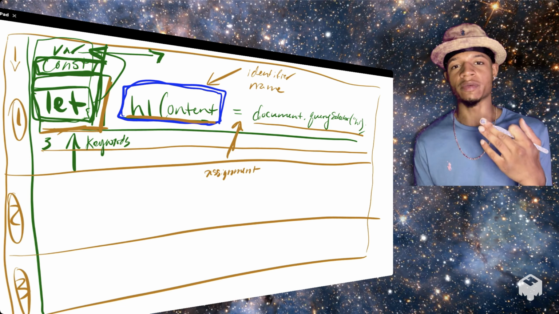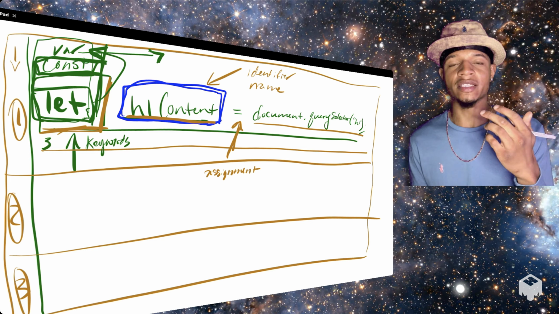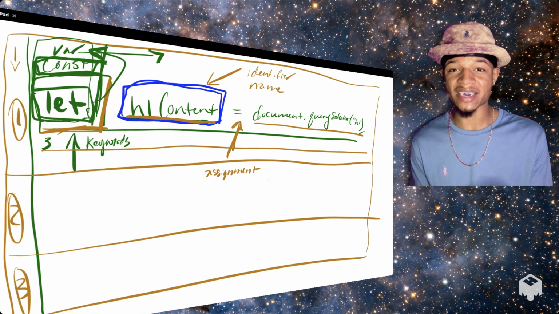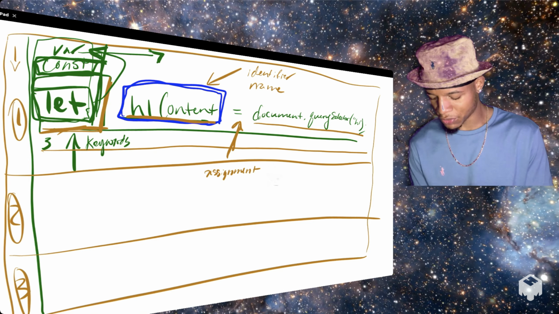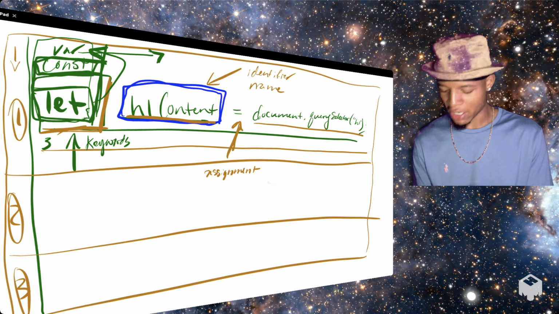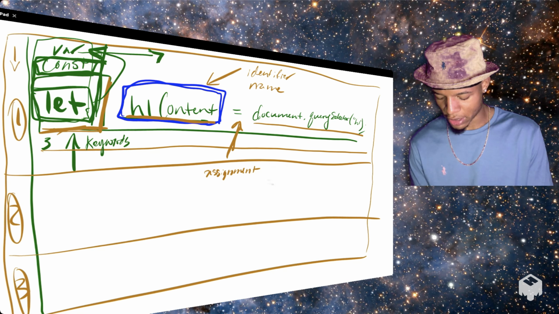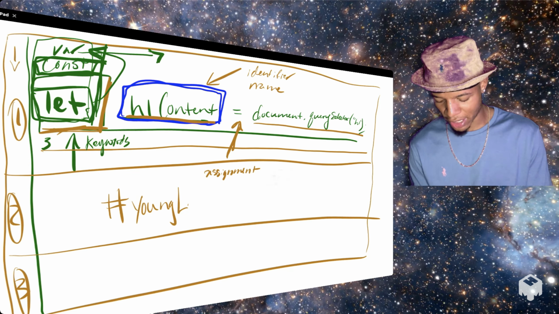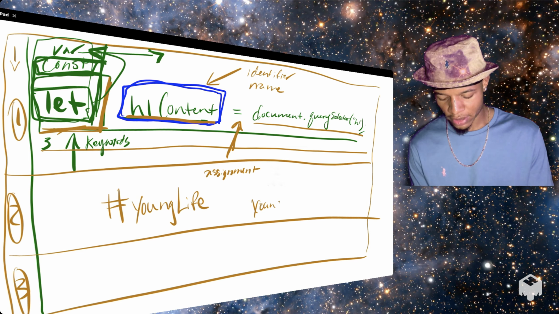Now, let me tell you some rules about creating variables. Typically, the regular syntax for creating variables is called camel case. It's almost like a hashtag, like hashtag young life, where you lowercase the first word but capitalize the next, like youngLife.